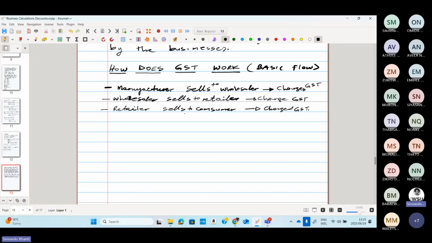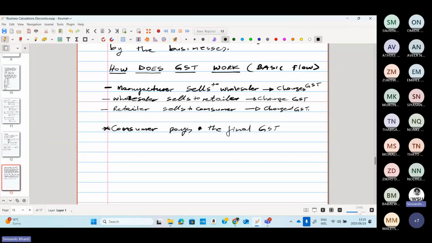If you notice here, I'm going to put a star here. The consumer is the one who only pays the final GST. Why is the consumer going to pay?